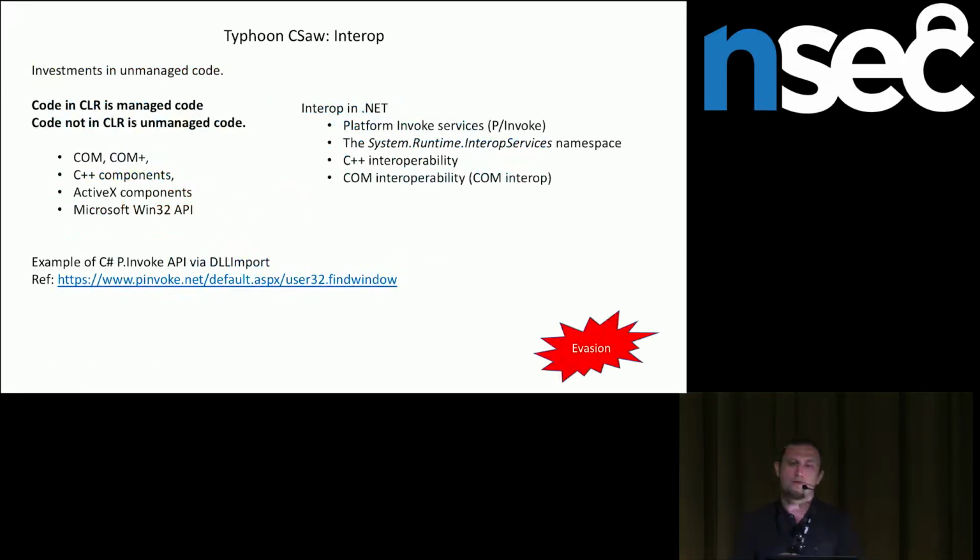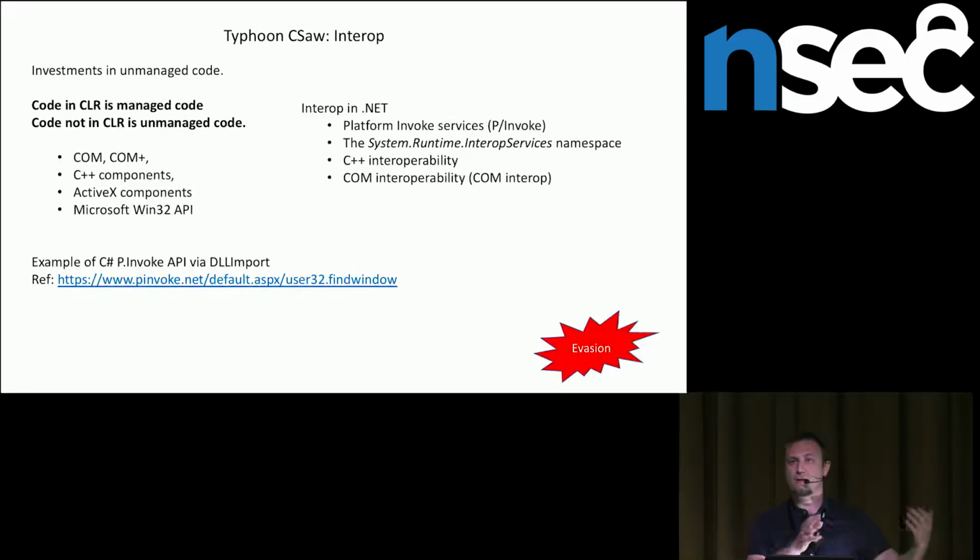The other issue that we face as an operator on the box is that .NET does not have everything, right? Sometimes you need to invoke operating system facilities through the Windows API. And here's interop, right? Interop is a technique, a set of APIs for .NET to be able to drop down to the operating system level, to the Windows API, to COM, to COM+, to C++, and to ActiveX.